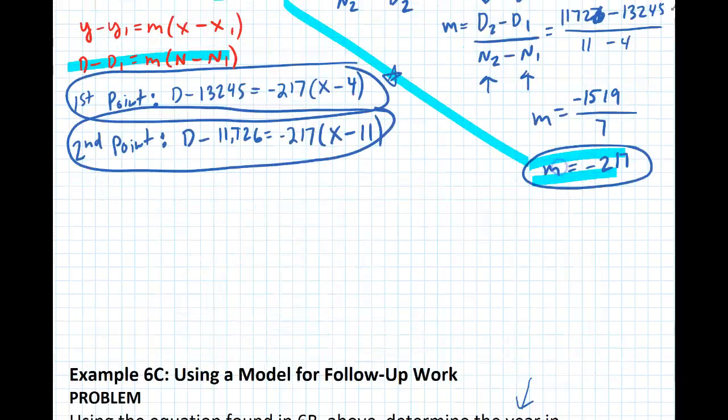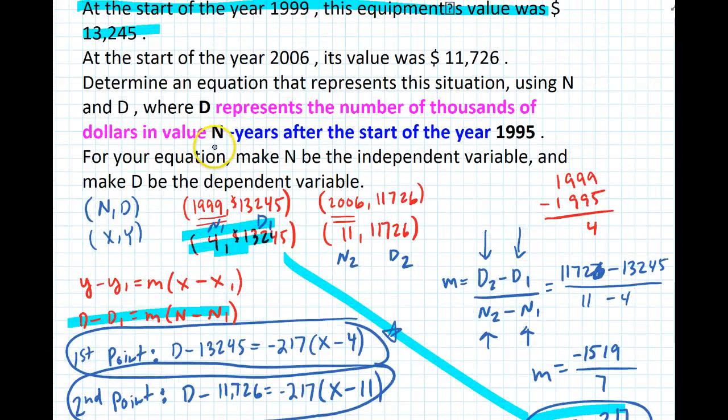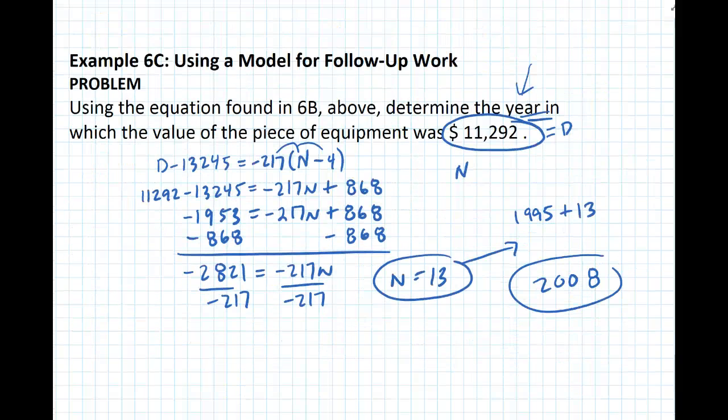The reason why is how they defined n is years after the start of 1995. So we found n years after 1995. We have to add that, and we get 2008. So that would be our answer there.